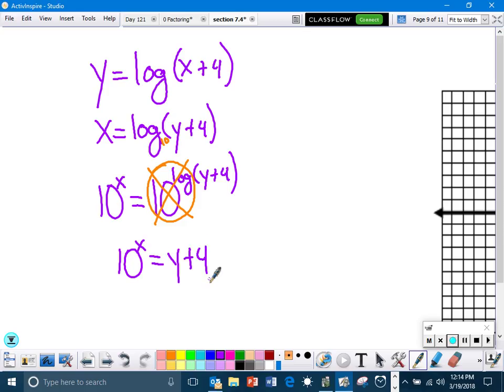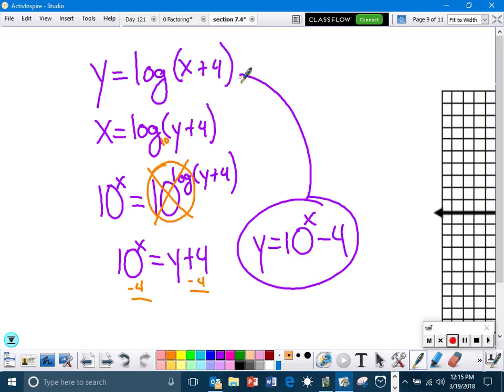Well, that's easy to solve for. We just subtract 4 from both sides. So my final answer is y equals 10 to the x power minus 4. That is the inverse of the original problem.